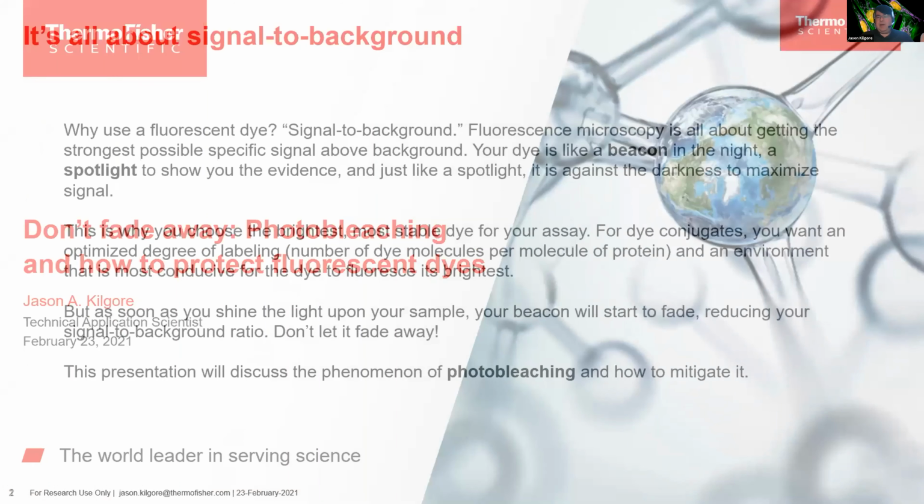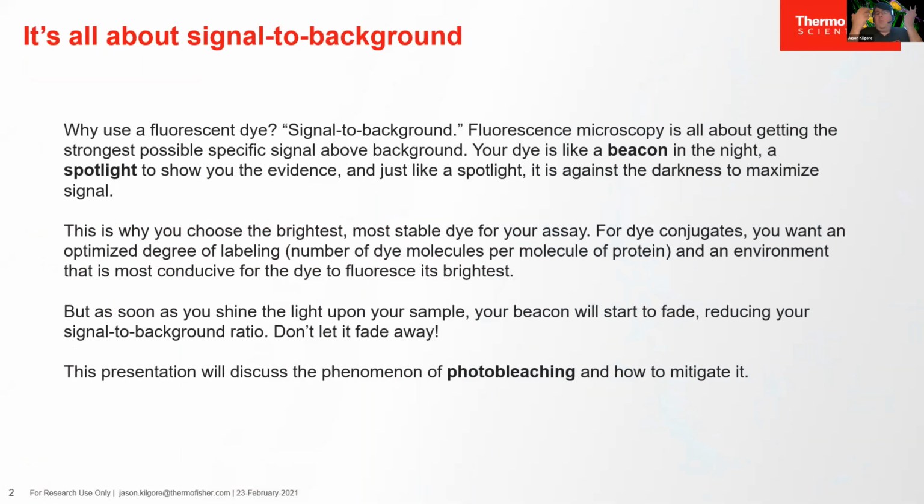So, okay, what's the point of a fluorescent dye? It's all about, as Arvidas pointed out, signal to background or signal to noise, right? Getting the strongest signal above background. You can think of your dye as a beacon in the night or a spotlight against that background. And so, as Arvidas pointed out, you choose a dye with the greatest quantum yield, strongest excitation coefficient.